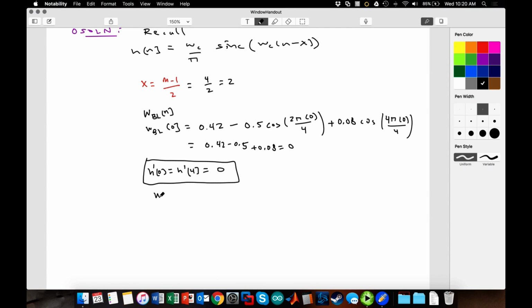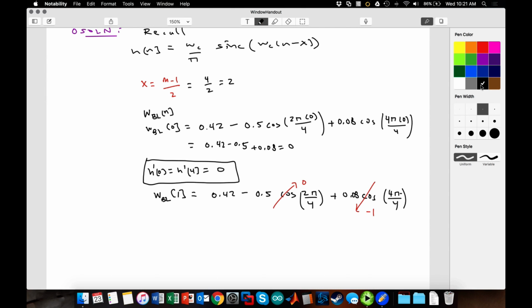Next up, let's look at w_BL of 1. That's equal to 0.42 minus 0.5 times the cosine of 2 pi times 1 over 4, which is pi over 2, plus 0.08 cosine of 4 pi over 4, which is just cosine of pi. So the first cosine becomes 0 and this one becomes a minus 1.